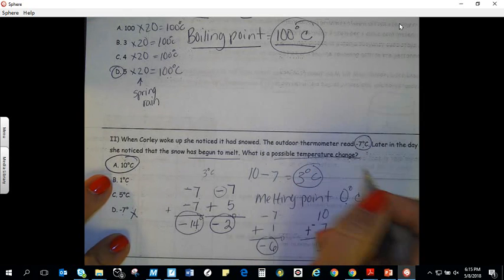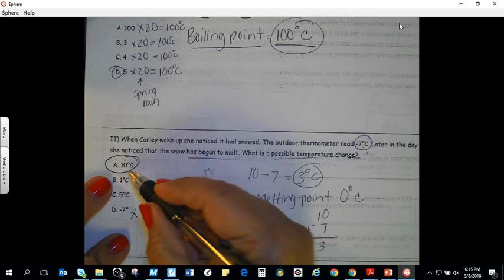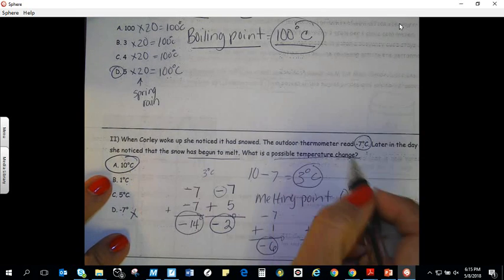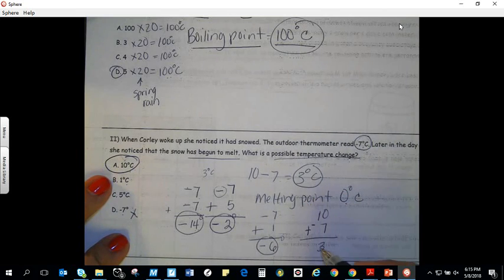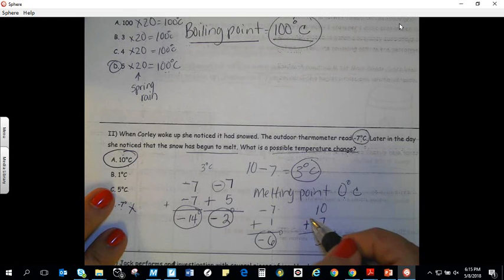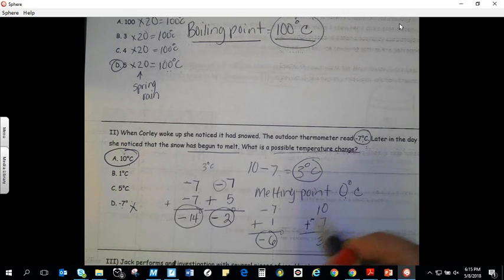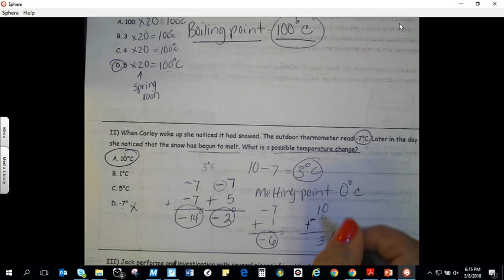Okay? And so the best answer is at 10 degrees Celsius because then I brought it into the plus area, which was at 3 degrees. Plus the minus negates it at 3. Okay. Confusing, see me in the morning.